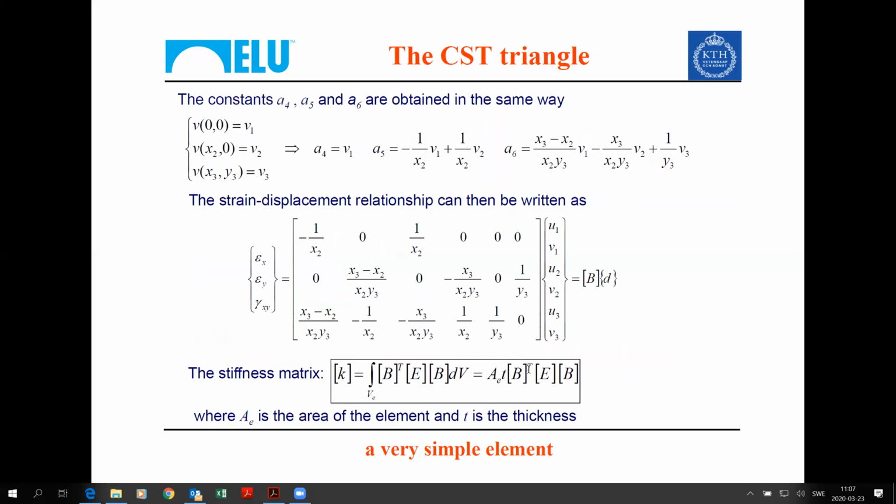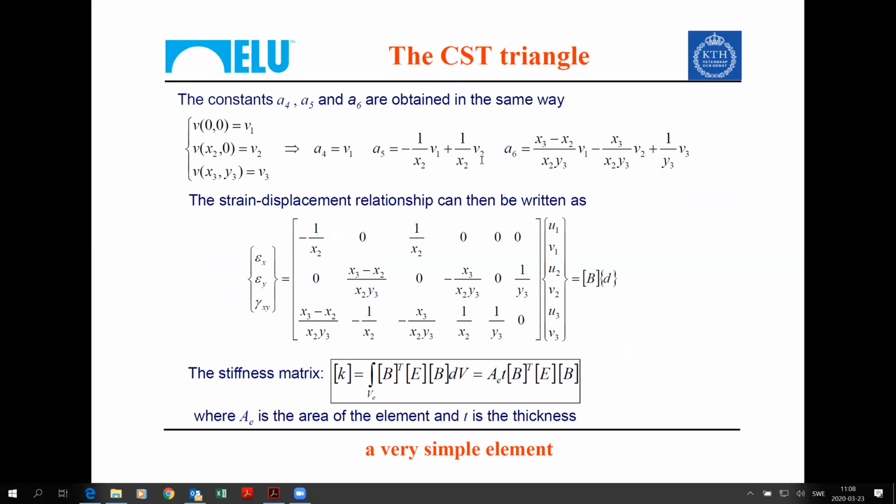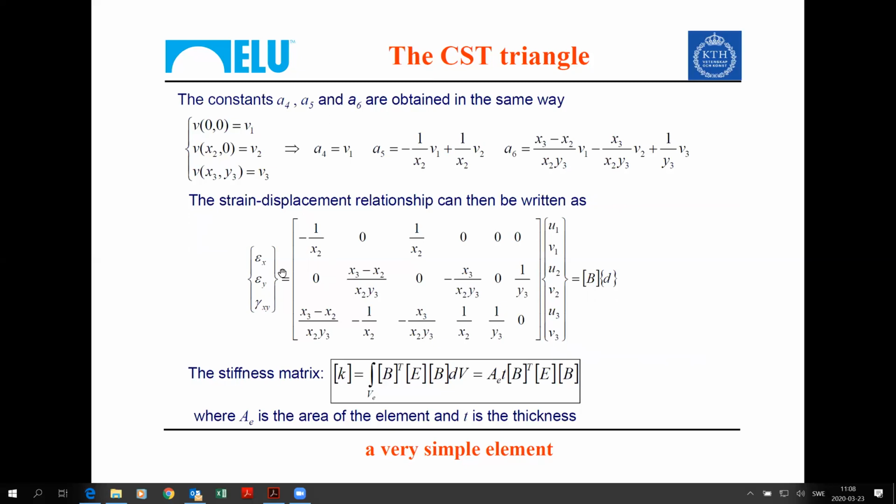We did absolutely the same thing for V, and we get the expression for A4, A5, and A6. You will see that they are extremely similar. The only thing which differs here is the displacement with which these coefficients are multiplied. Now, we know that epsilon x is equal to A2, epsilon y is A6, gamma xy is A3 plus A5.